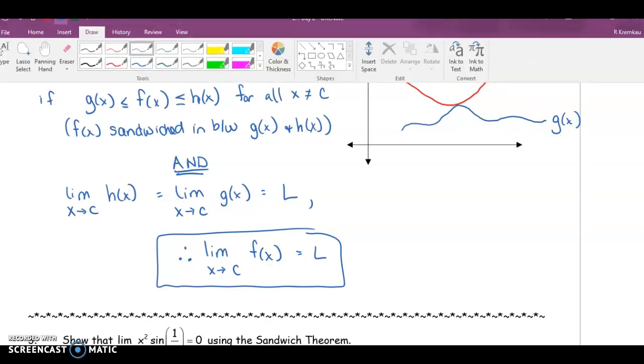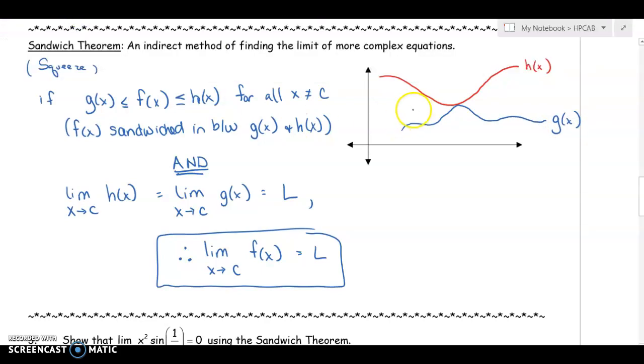And then we have this function f of x that's going to be sandwiched in between them. So something like this. All right, so those are our three functions. And let's say that this point where they all congregate here is at c.